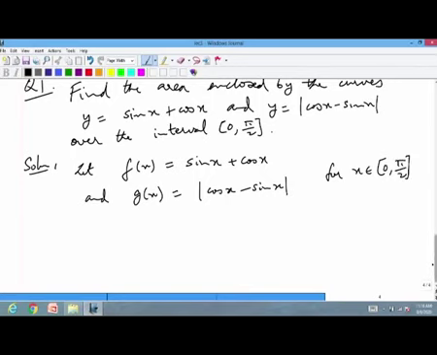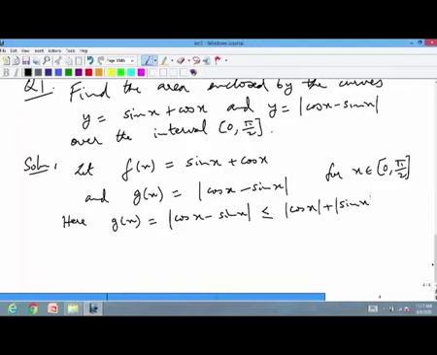In the interval 0 to pi by 2 both sin x and cos x are non negative. So, here note that this g x, mod cos x minus sin x, is less than or equal to mod of cos x plus mod of sin x, by the triangle inequality, and because x is in 0 to pi by 2, this is equal to cos x plus sin x for x in 0 to pi by 2.